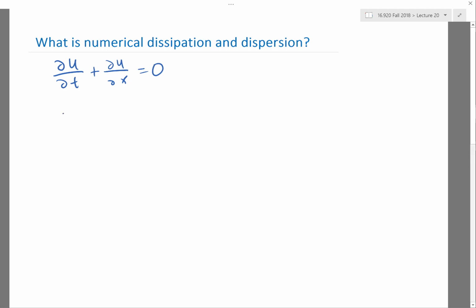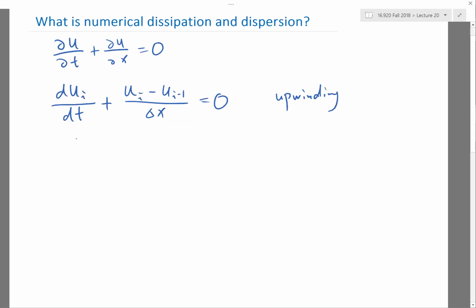So if we solve this differential equation by discretizing the spatial derivative using an upwinding scheme, which is (u_i minus u_{i-1}) divided by delta x equal to 0, this is the upwinding scheme. We can see that this is a first-order discretization of the original differential equation, so the difference between them is first order.